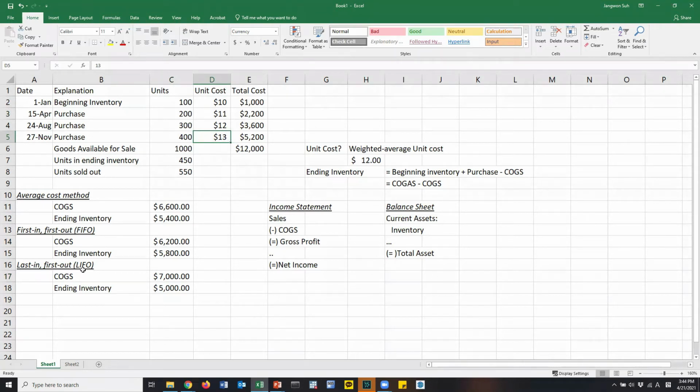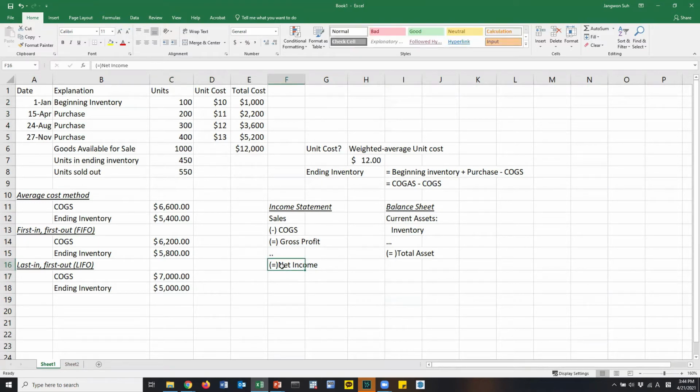As a result of the LIFO, the priciest ones are included in your cost of goods sold, while on the FIFO, the cheapest ones are included, right? So in normal situations, normally an economy shows inflation, when the price level is going up, LIFO usually gives you the highest cost of goods sold, resulting in the lowest net income.